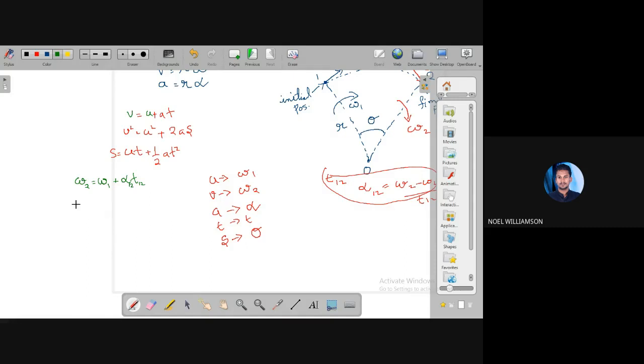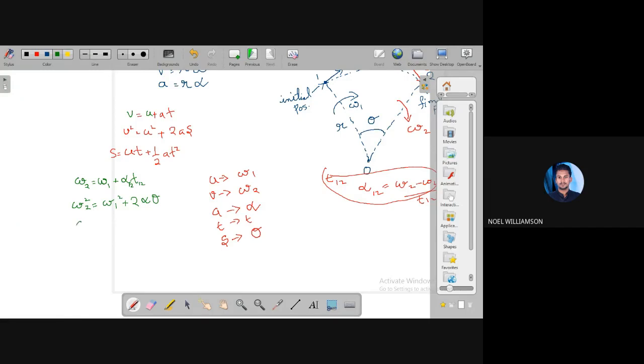Now v square equal to u square plus 2as. Instead of that, omega 2 square equal to omega 1 square plus 2 into, instead of a, alpha, instead of s, theta. Then the last relation, s equal to ut plus half at square.